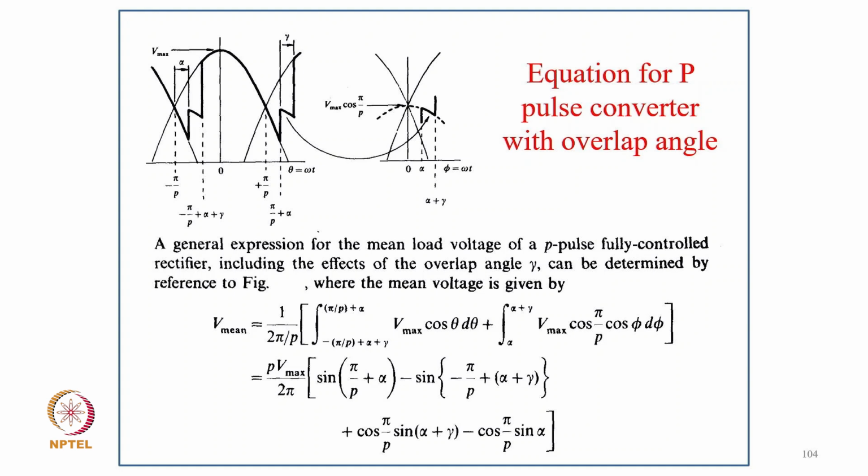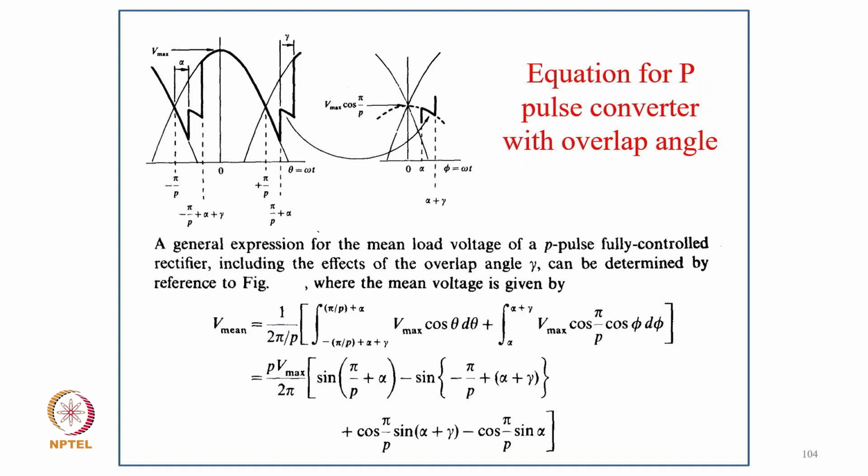The general expression for mean voltage for a P pulse controlled rectifier, including the effect of overlap angle, can be determined from the above figure. V mean equals P upon 2 pi, integral from minus pi by P plus alpha to pi by P plus alpha of V max cos theta d theta, plus the commutation interval from alpha to alpha plus gamma of V max cos pi by P cos phi d phi.